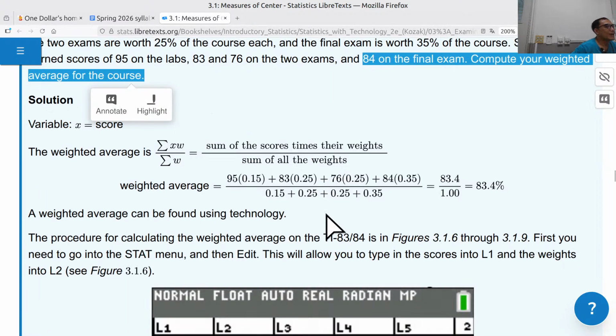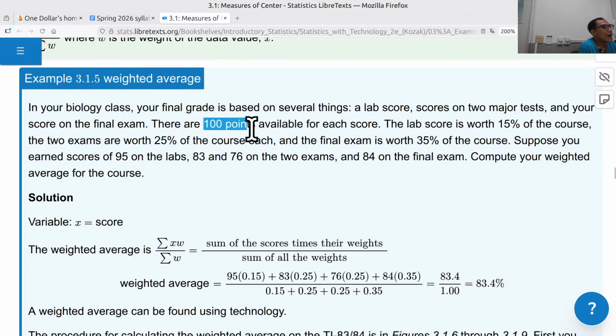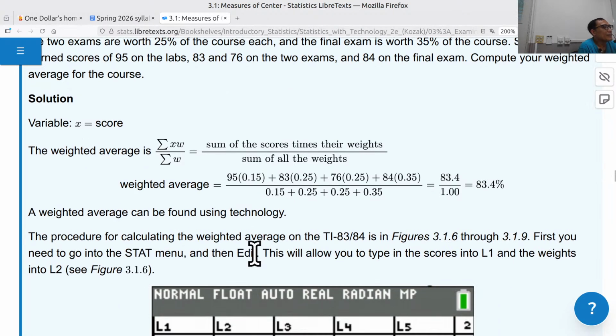Okay, let's check it. I will not practice this one, I just explained it. The highest possible score is 100 points, and the gentleman got 95.